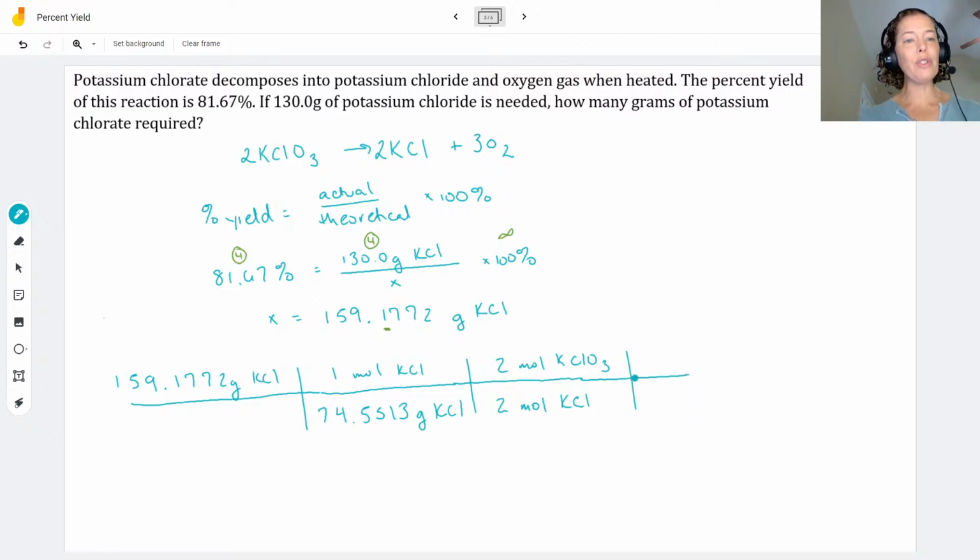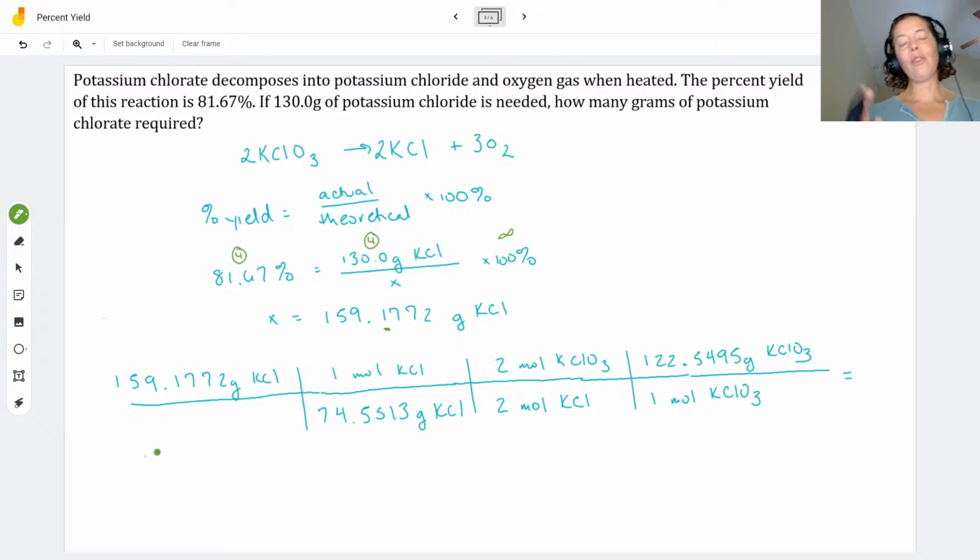Now that I have moles of potassium chlorate, I need grams because that is what my problem asked me for. So I have one more conversion to put in here, and that molar mass is 122.5495 grams of potassium chlorate. Okay. Whew.